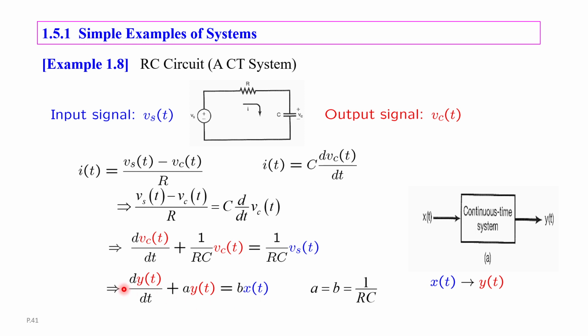It needs to satisfy dy/dt plus ay equal to b times x of t. So this is a system, and you can see that sometimes the output signal is not so straightforward; it can be written implicitly as a differential equation. Your input signal is x of t, the output signal is y of t, and if you want to know the output signal y of t, you need to solve this differential equation.